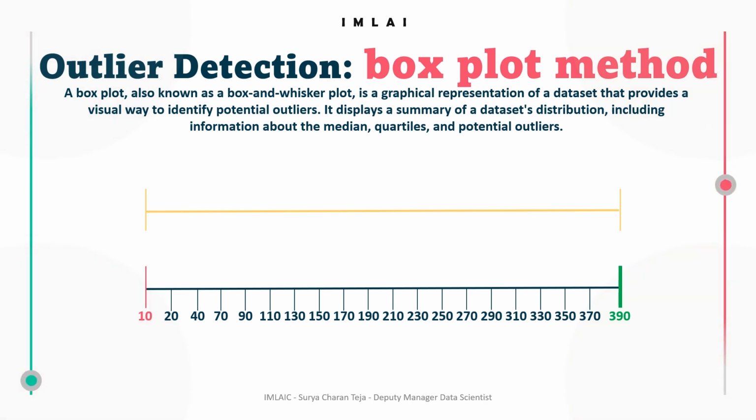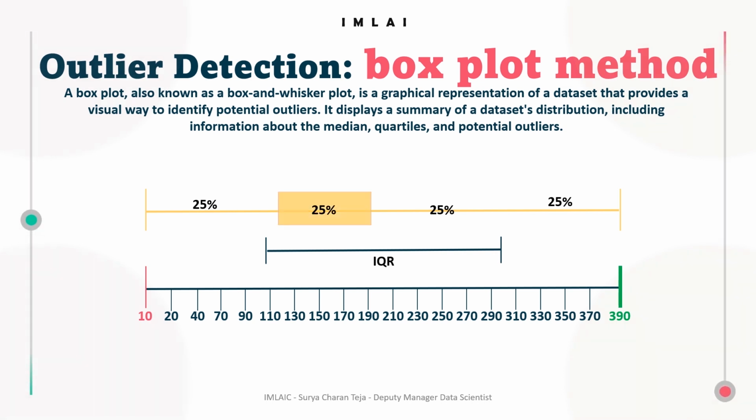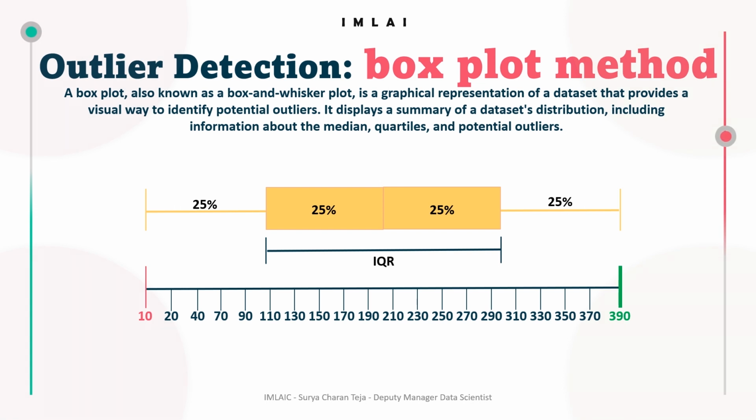So let me divide this overall data into four sections: 25%, 25%, 25%, 25%. The center portion, 25 plus 25, is called the interquartile range, IQR. The first 25% is Q1, then Q2, Q3, and that's how it works.